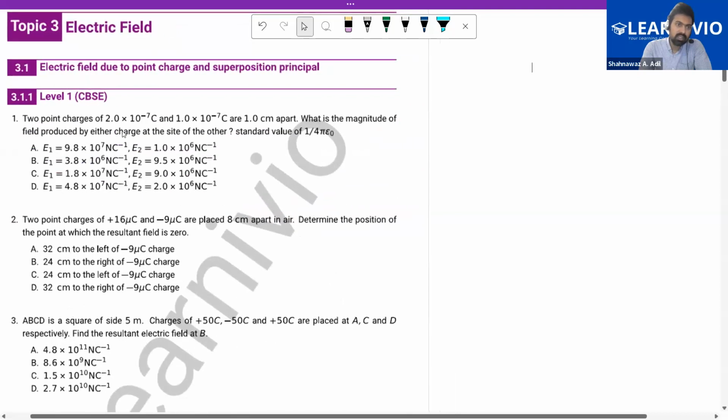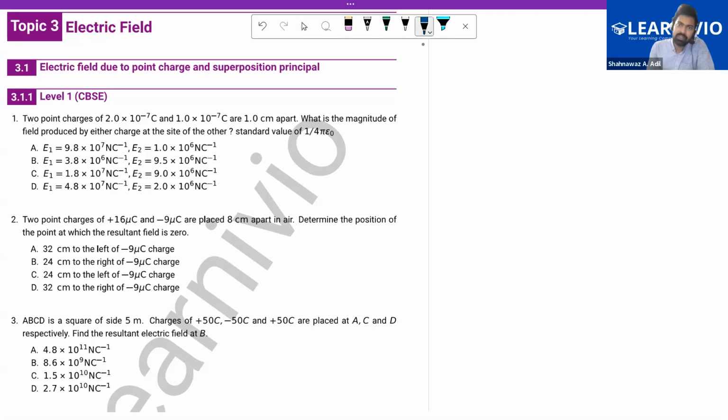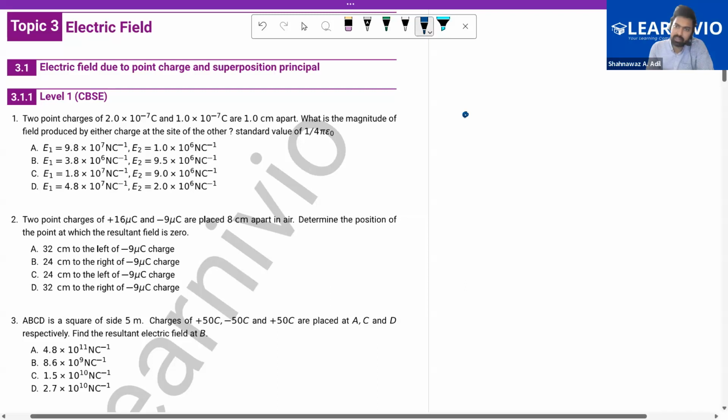Two point charges of 2 microcoulomb are 1 centimeter apart. What is the magnitude of the field produced by either charge at the site of the other? The standard value of 1 by 4 pi epsilon naught is not given, but it is 9 into 10 to the power 9. So we have two charges, let's say Q1 and Q2.